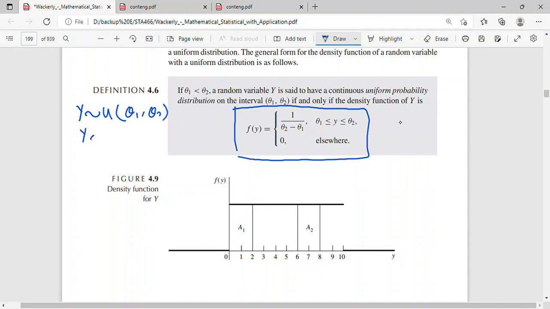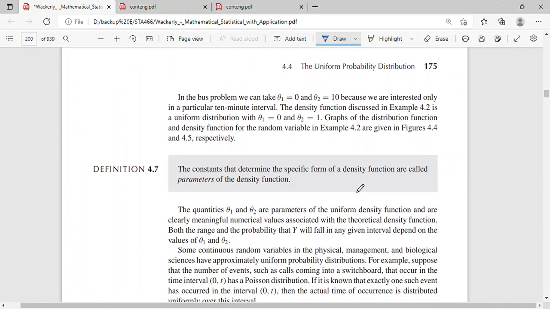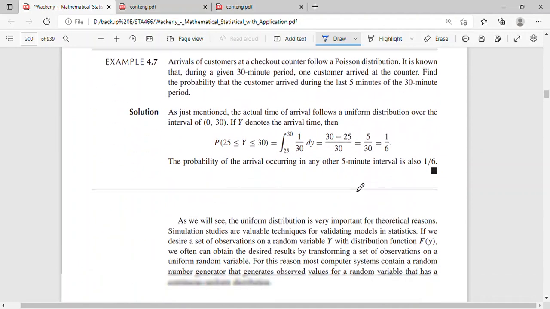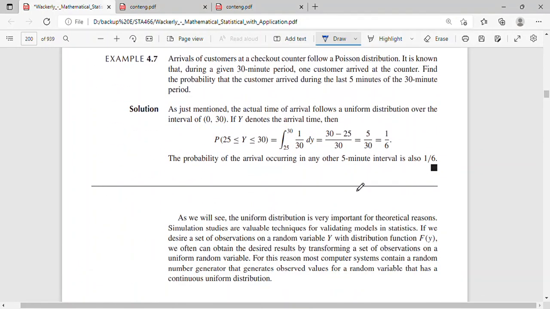Before this, some textbooks also use A and B. So this PDF is 1 over theta 2 minus theta 1, where the interval is theta 1 to theta 2. So the parameters for the uniform are its interval, theta 1 and theta 2, or A and B.